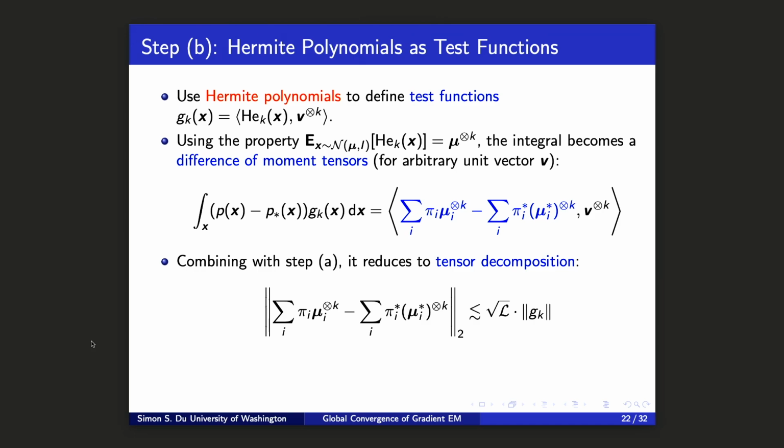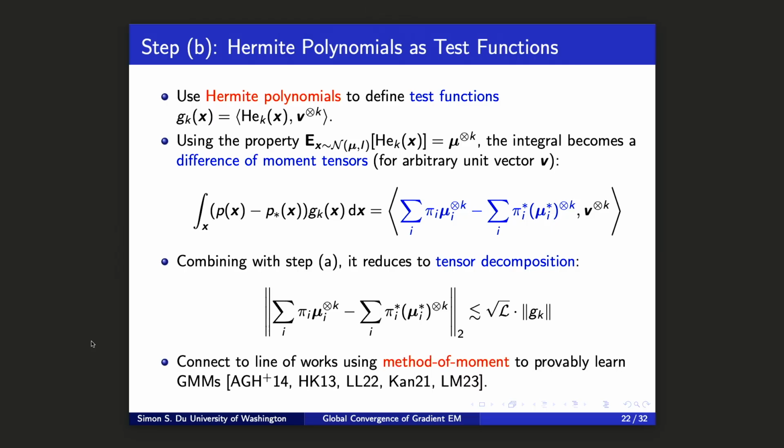You can use the Hermite polynomial as a very useful tool to relate the loss to the moments of pi and mu's. And then for the rest, we can use the existing idea of the method of moments to bound these terms.